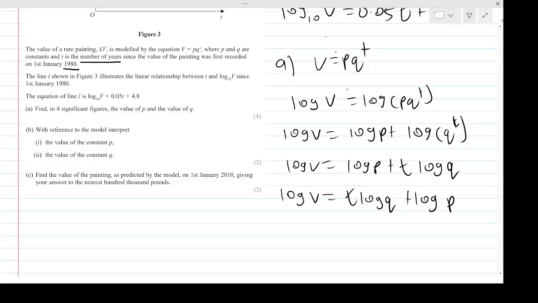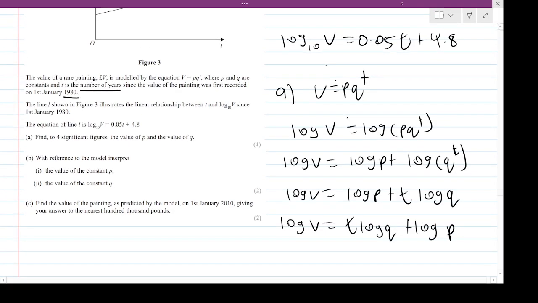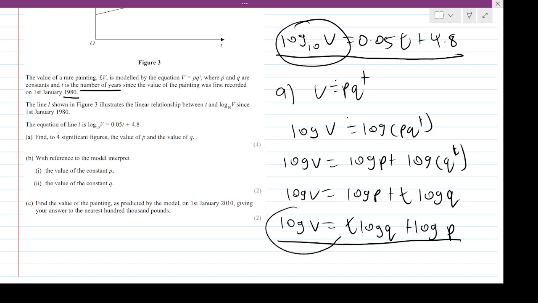Now, let's compare that with this straight line we're given. Let's compare the equation we're given with this equation here. Firstly, log V matches with log V. That's great. Then T matches with T. Cool.